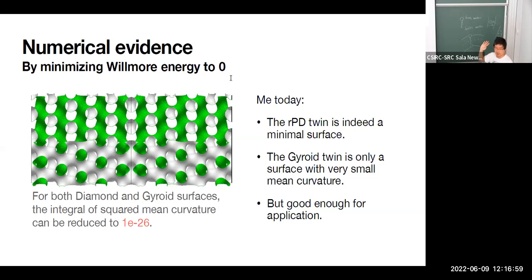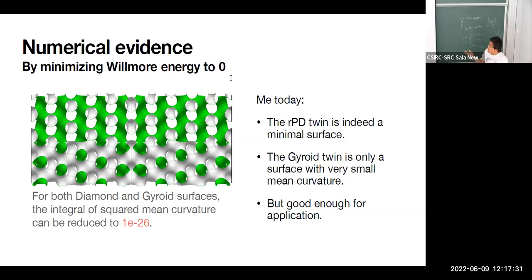This is very, very low. So it means that it is strong evidence that we can twin the minimal surfaces, and it is still minimal. But this is only numerical. And if you ask me today, I think the Schwarz D twin is real. This is really minimal. But the gyroid twin is not, because I'll talk about it later.